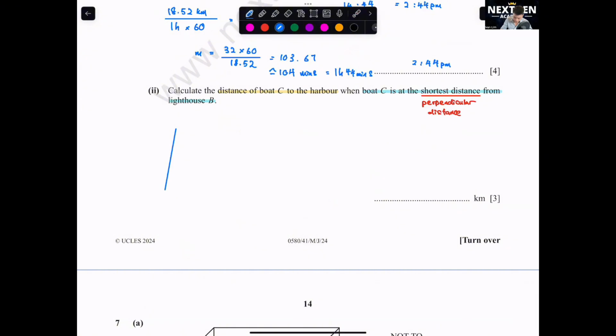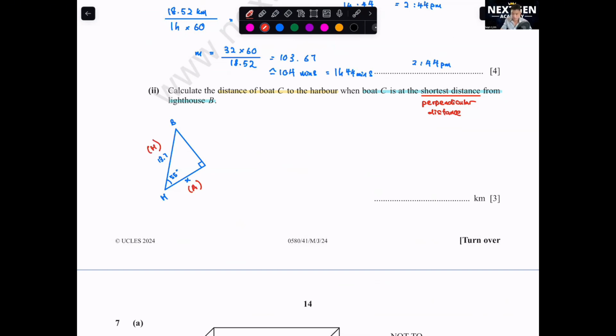The triangle looks something like this. This is a right angle triangle, like this. Then B, H. Here is 13.7 and we have 55 degrees. This is X. So how do we find X using SOHCAHTOA? This is adjacent, this one is hypotenuse.